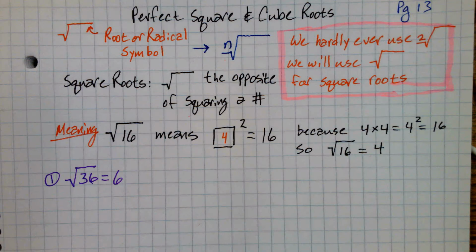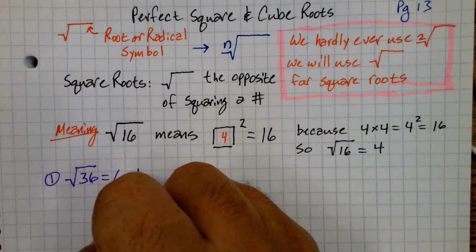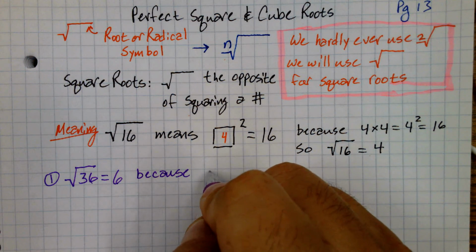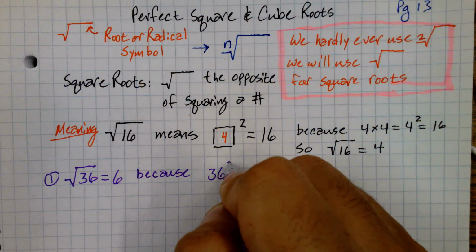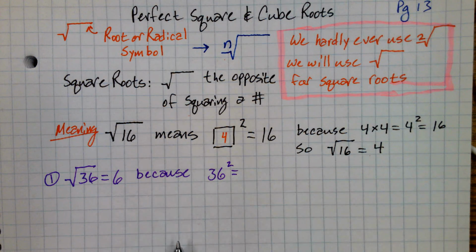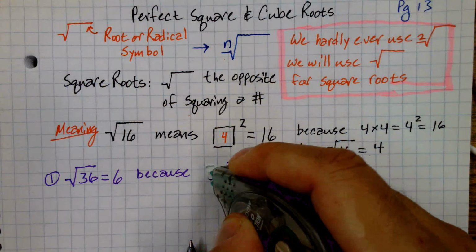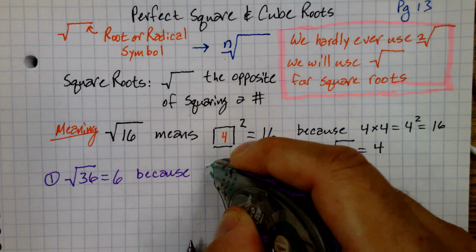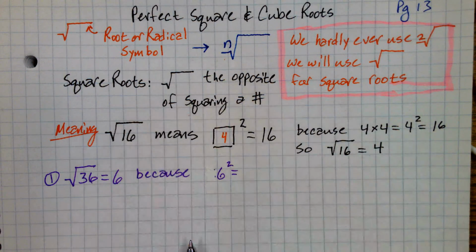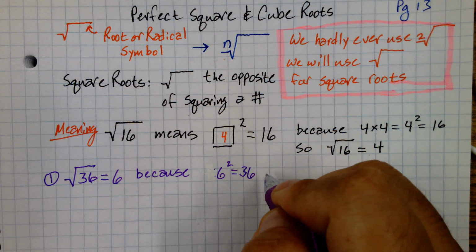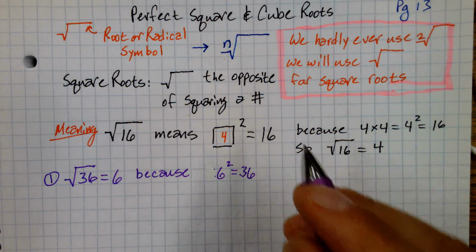The other option, you could have looked on that table, look for 36, go to the left and see that it's 6. I'll just write this down. 6 to the second power is 36. That's why that works.